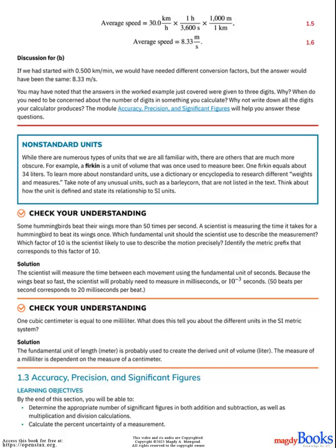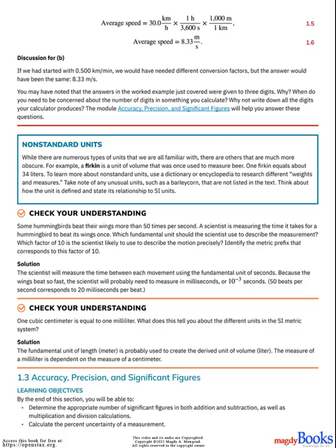1.2.8. Check your understanding. Some hummingbirds beat their wings more than 50 times per second. A scientist is measuring the time it takes for a hummingbird to beat its wings once. Which fundamental unit should the scientist use to describe the measurement? Which factor of 10 is the scientist likely to use to describe the motion precisely?